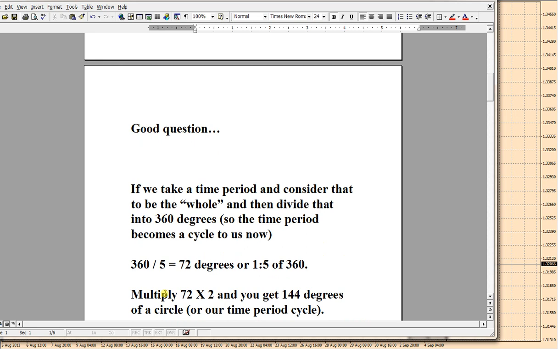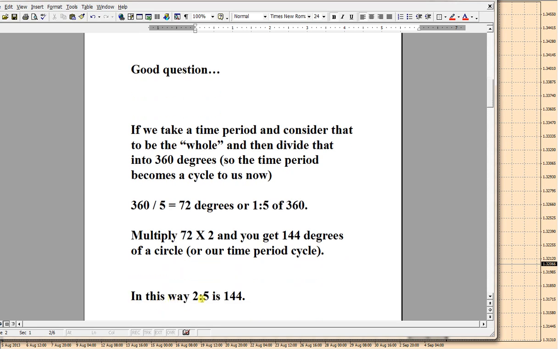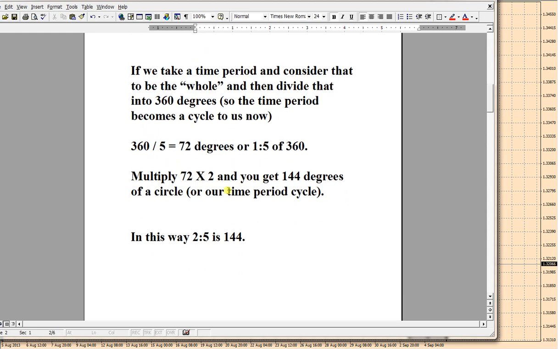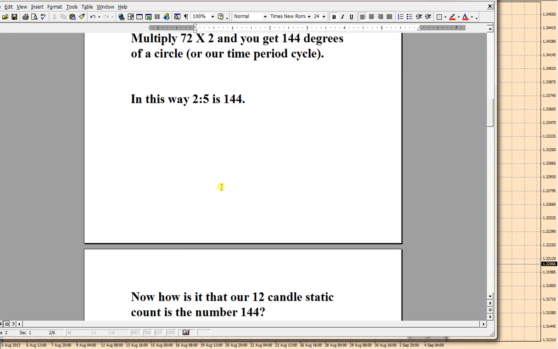So if we multiply 72 times 2, you get 144 degrees of the circle, or of our cycle. So in this way, 2/5 is equal to 144. So basically when we look at 144, we're really looking for 2/5 of the cycle, whichever that may be.